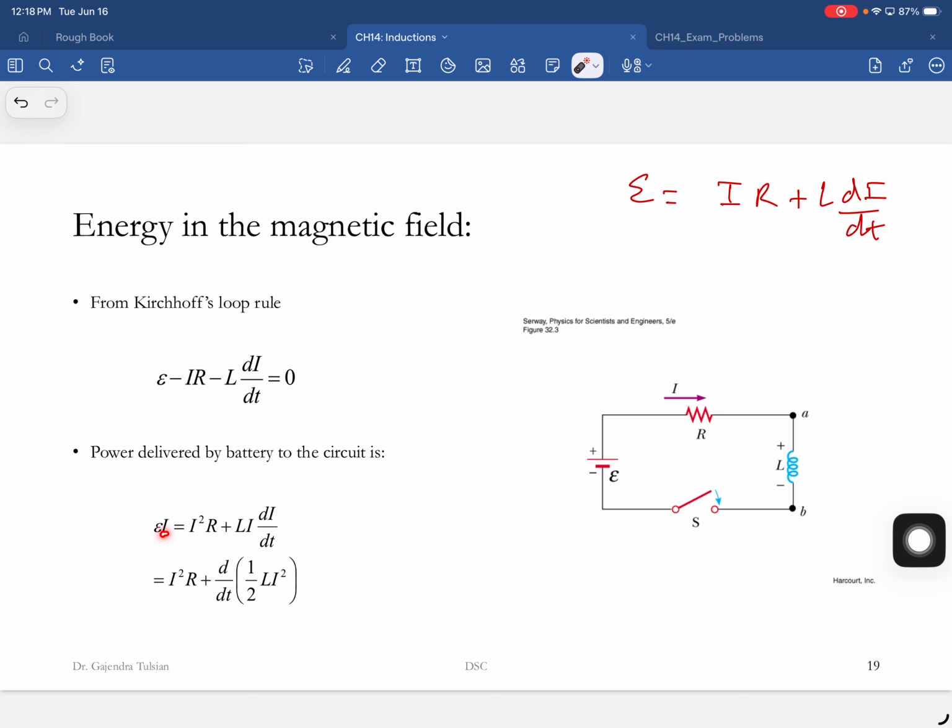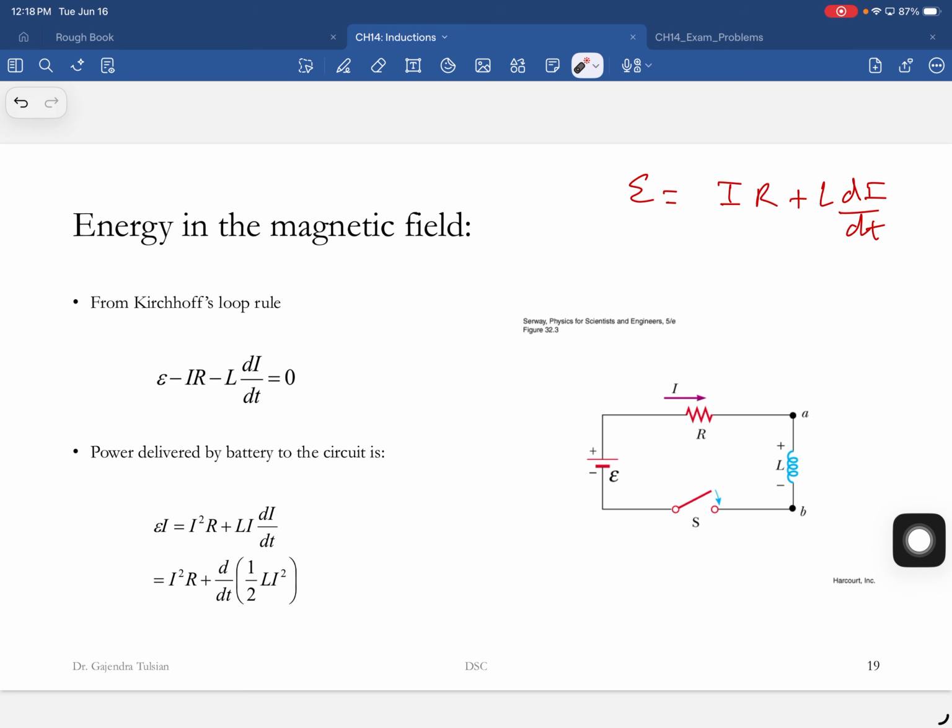And so if you multiply that by I, you get I squared R plus L I times di by dt. But this guy can be written as d by dt of 1/2 L I squared. L is constant, I is the only one changing. Derivative of that would be 2I, 2 cancels, I times di by dt.